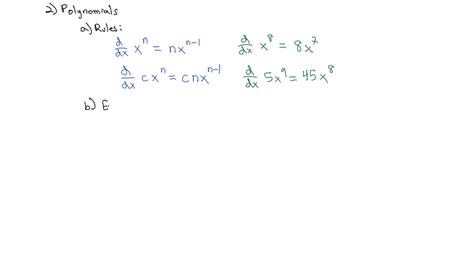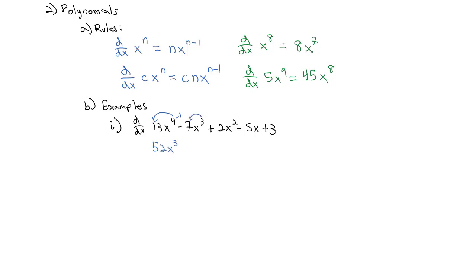So let's take a look at some examples of us taking derivatives of polynomials. Let's find the derivative of 13x to the 4th minus 7x cubed plus 2x squared minus 5x plus 3. Well, we take the exponent and move it to the front, and then reduce the exponent by 1. 4 times 13 is 52, x to the 3rd.